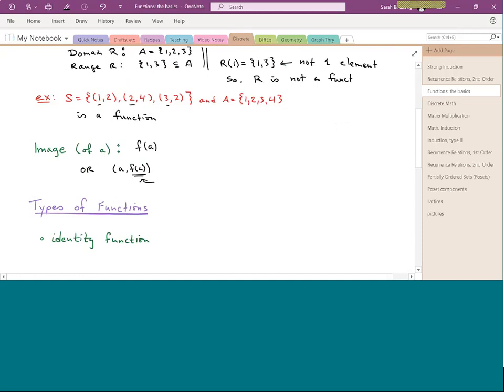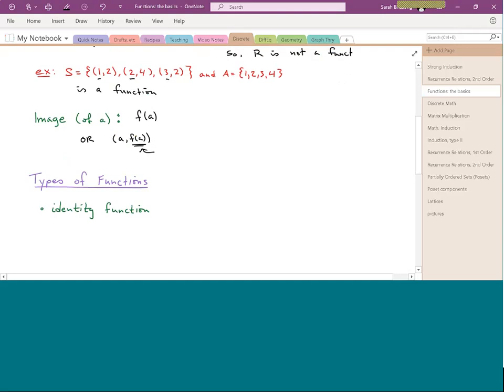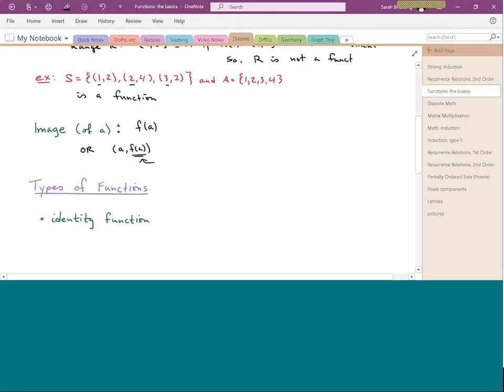Now, in terms of types of functions, we've got 6 types of functions that we're going to care about, and they're all highly related. The first one is called an identity function, and depending on the book that you look at, it's got different symbols. So you always have to say the identity function of some set.